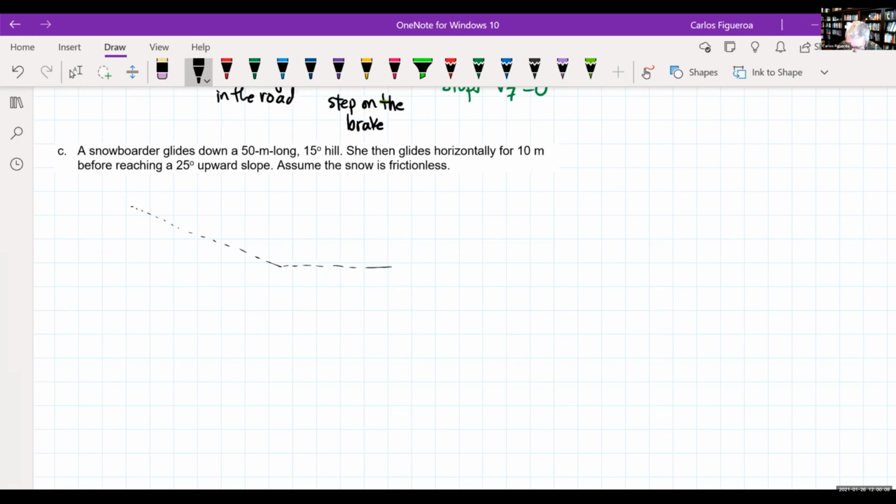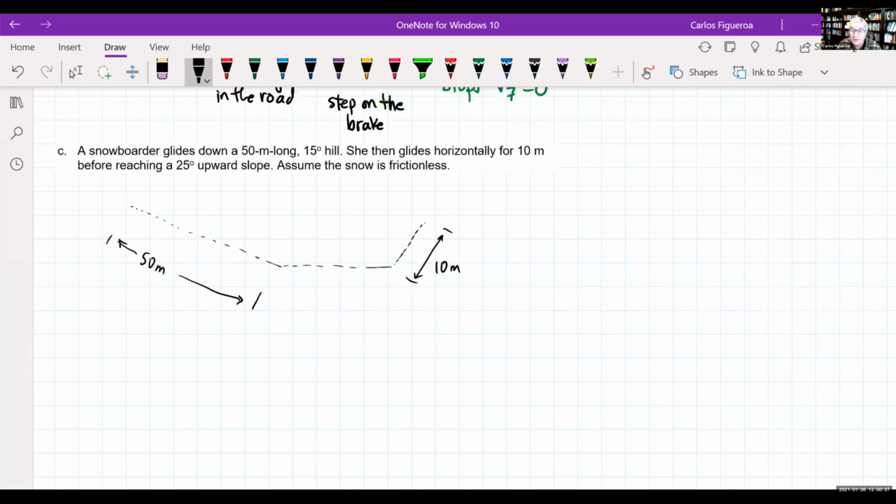And this slope is steeper, so I'll try to draw it steeper than the previous one. I'm assuming that the length from here to here is roughly 50 meters, and that the length of this one here is 10 meters.